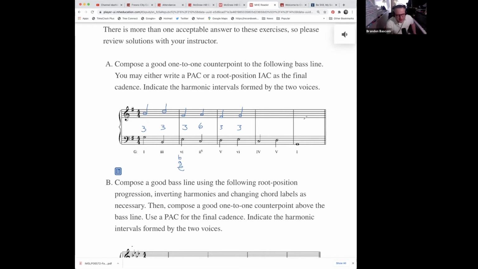Now, if we were to end there or have a long note there, I think you'd have a case for it. But because everything's a half note and we just blow right through it, I don't think that was the intended goal of the harmonic phrase. You with me?